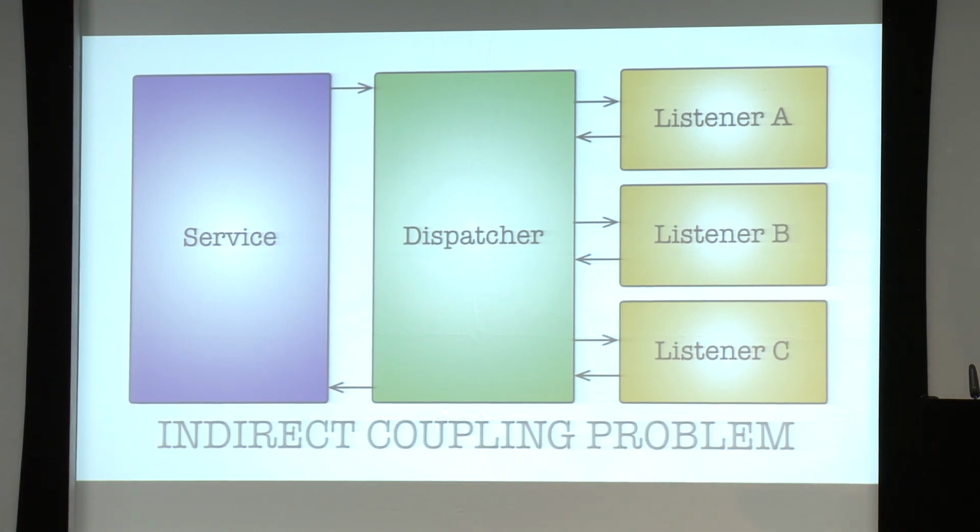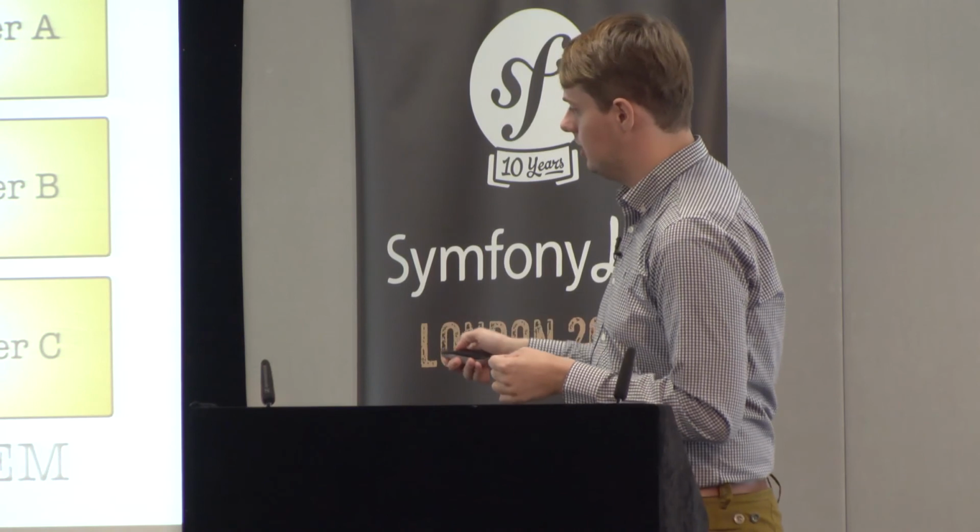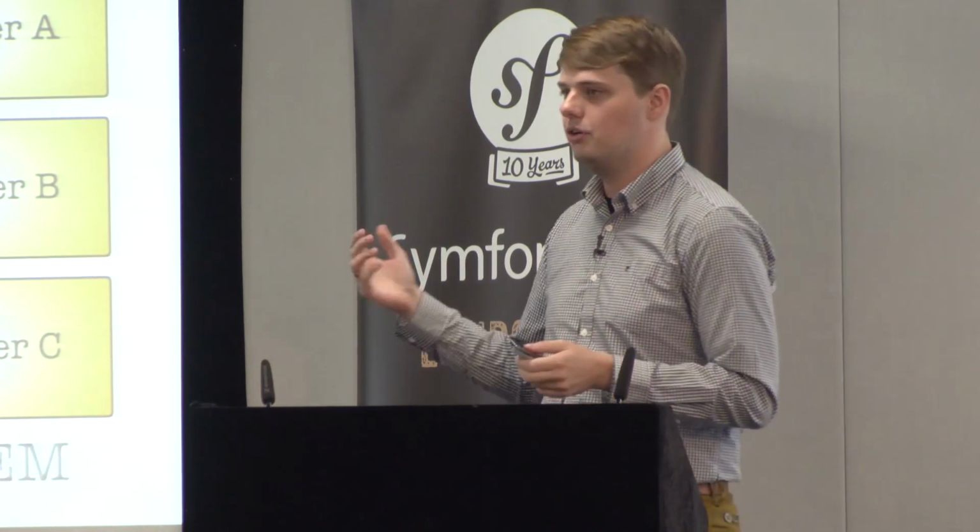It's not fire and forget, because the next listener is relying on what was returned, not directly, but set on the request object. It works like this, so be aware of that. I don't encourage using the dispatcher in that way.